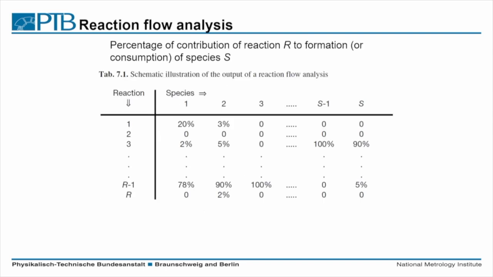I also can perform a reaction flow analysis. We have talked about different reaction paths already. So how do I get information about at which condition which part is of importance?